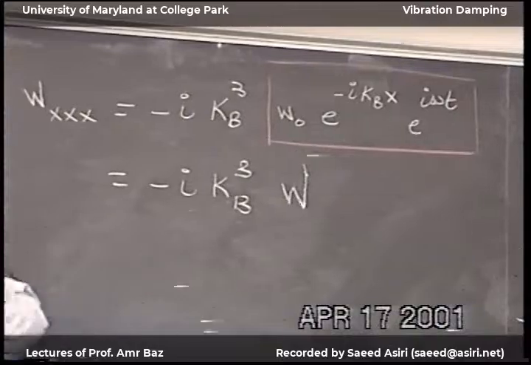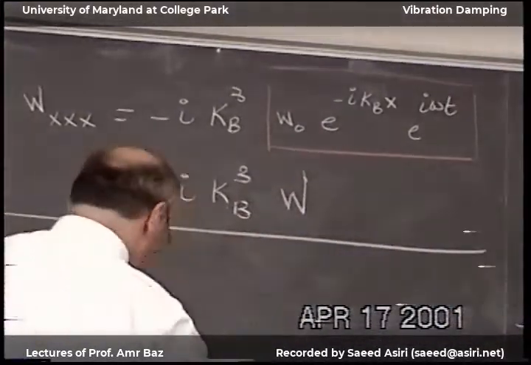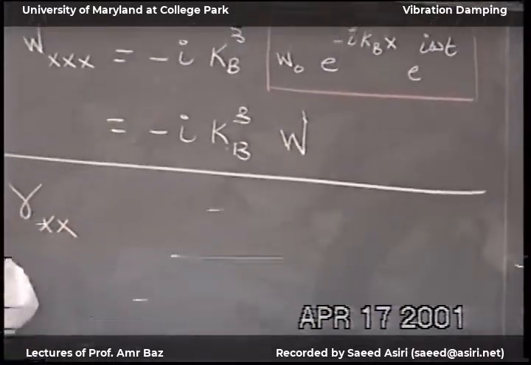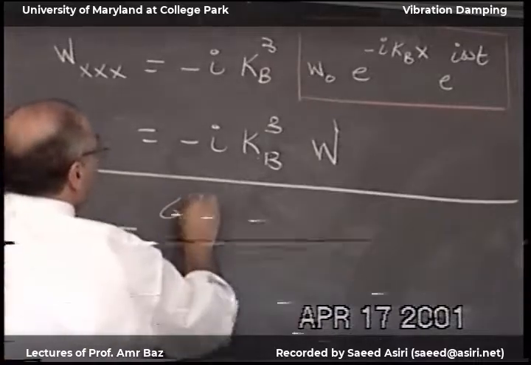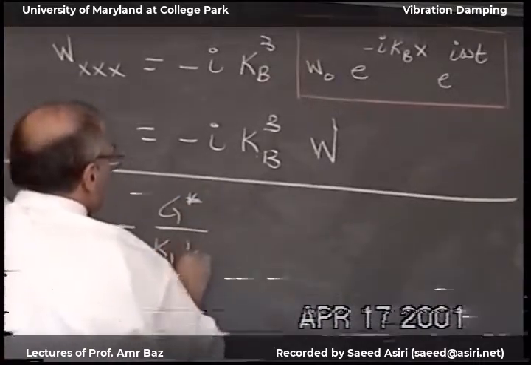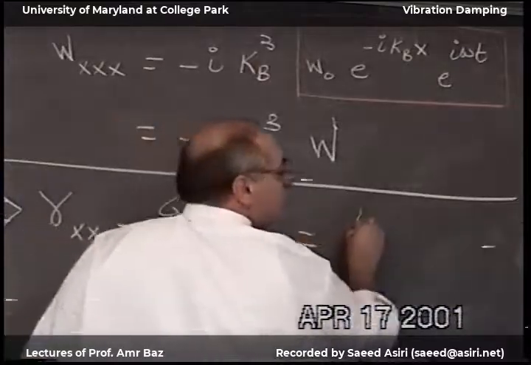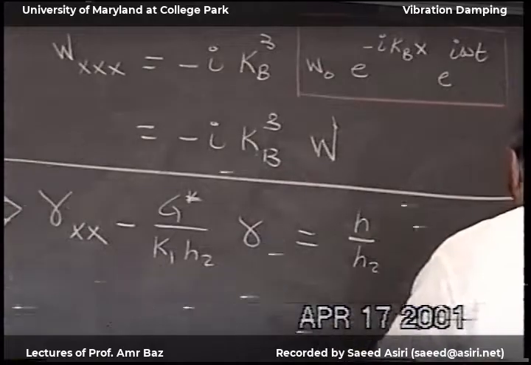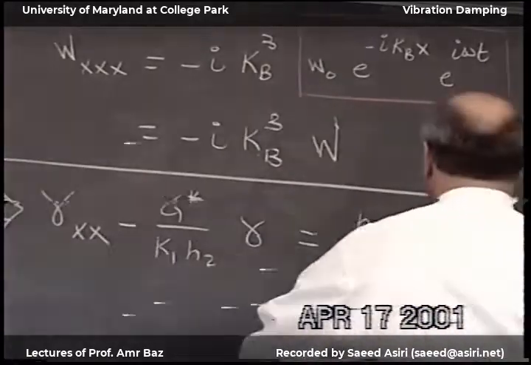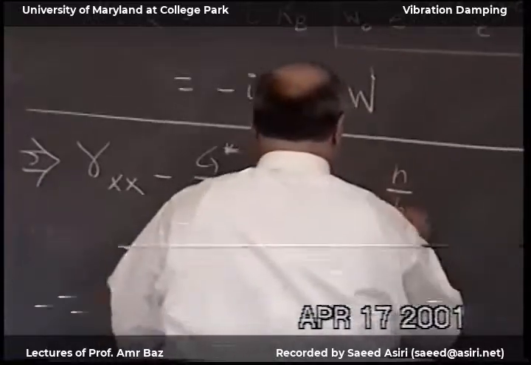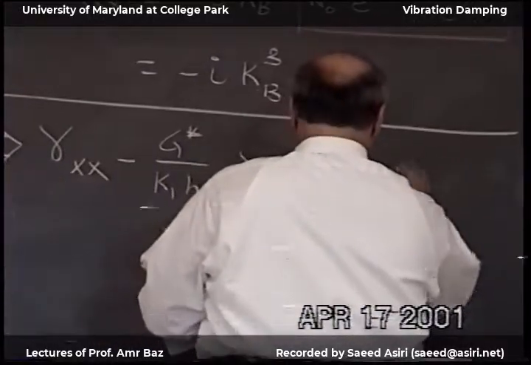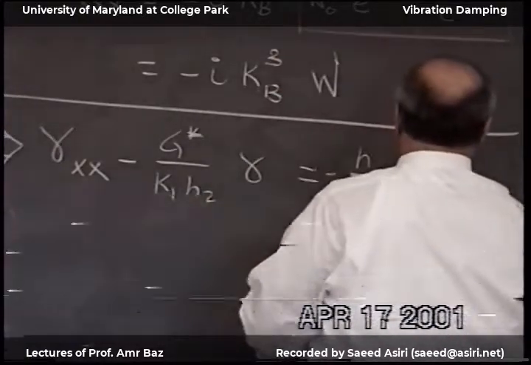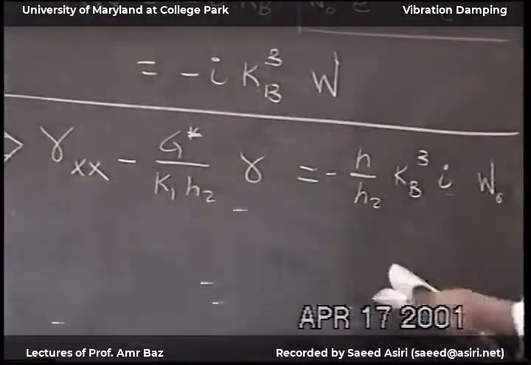Plug it here now. Then we have minus G prime over H2 times gamma equals H over H2 minus k_B cubed i W equals 0.